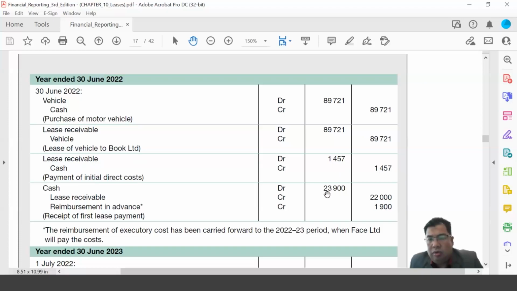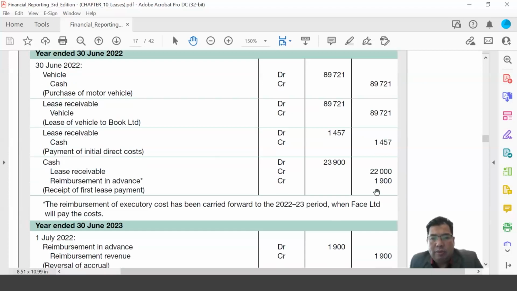And then you continue with other transactions here. For example, cash payment 23,900. This is the cash payment, but the component of lease receivable is 22,000, whereby 1,900 is reimbursement in advance. This is the cost of insurance and maintenance for the asset.